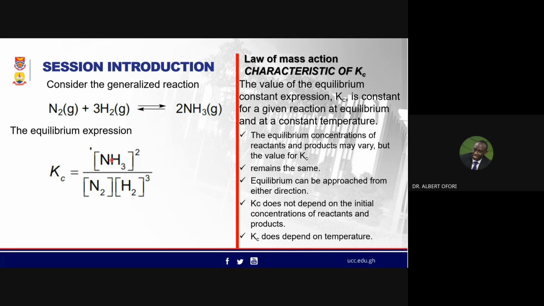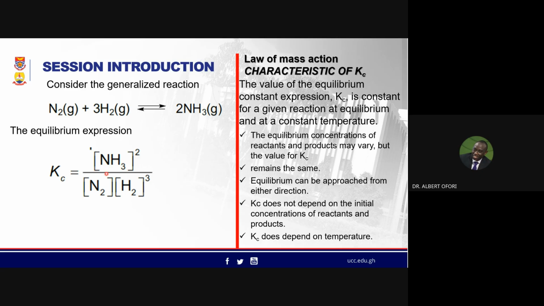So if it is more than one, what it tells us is that the reaction will rely on the products, because that is what gives the reaction much of its figure at equilibrium. So the equilibrium constant value tells us that the equilibrium lies on the right side, which is the product, and the reaction will mostly favor the product.